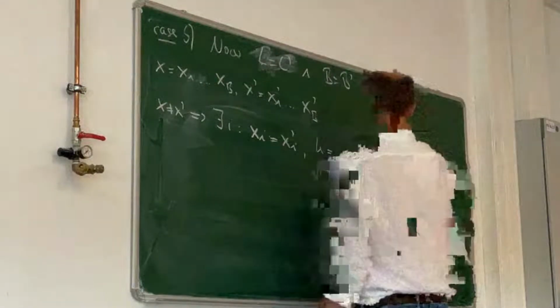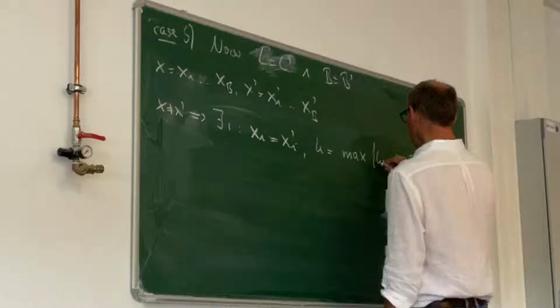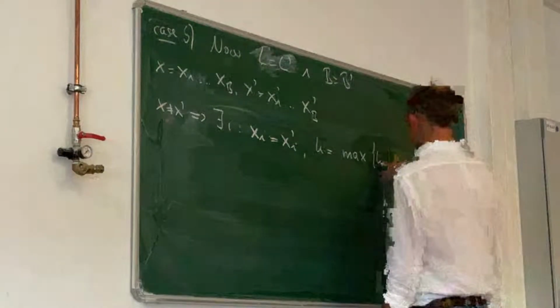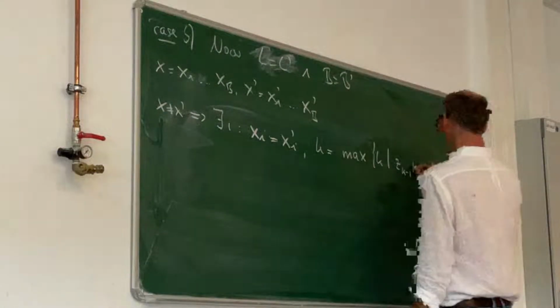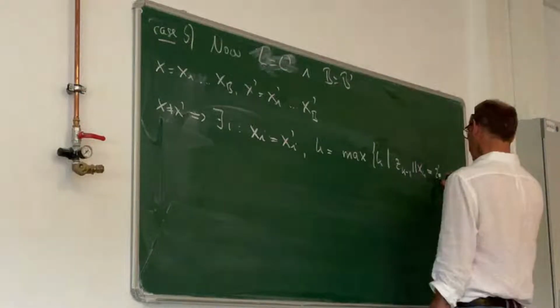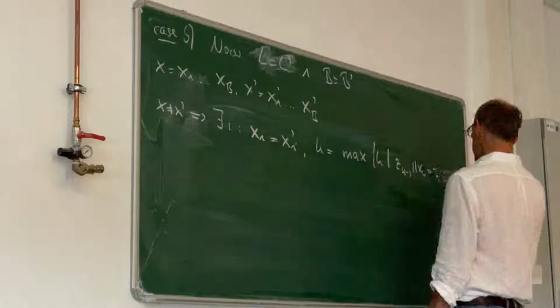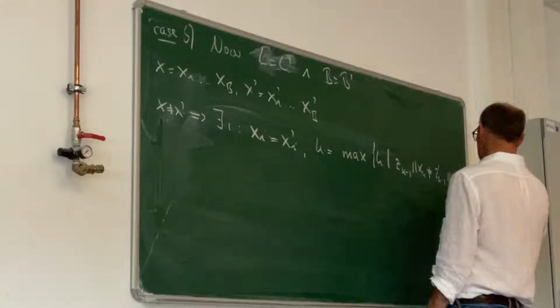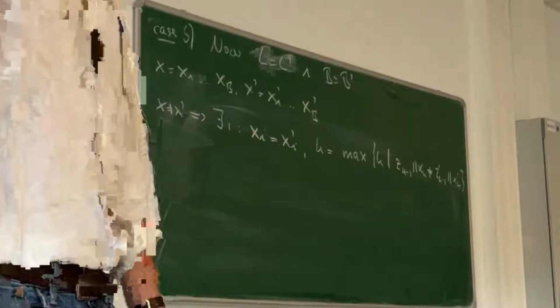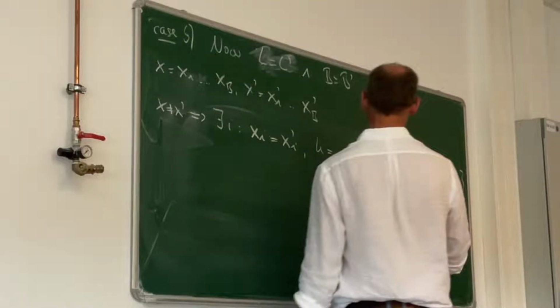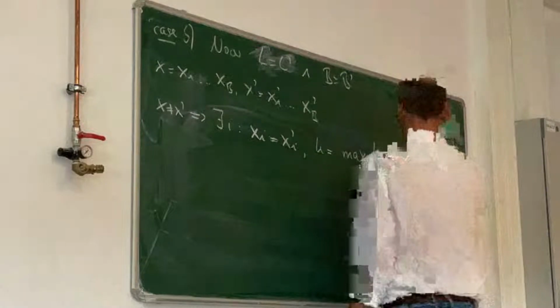Then define k as the maximum over all k such that z_{k-1} concatenated x_k is not equal to z prime_{k-1} concatenated x prime_k.